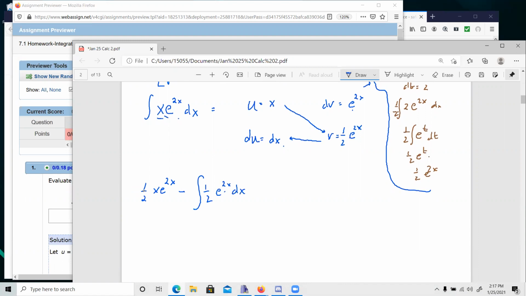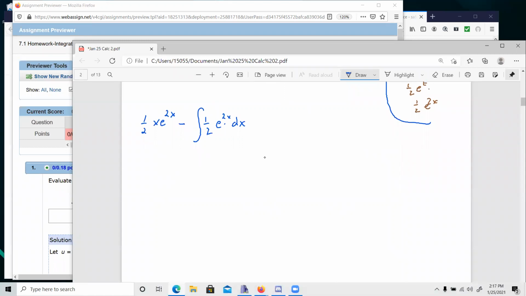Well, we just integrated that. Over here, we just integrated e to the 2x. I know what that is. That's 1/2 e to the 2x. So what we have here is 1/2 x e to the 2x minus 1/4 e to the 2x, indefinite integral plus c.